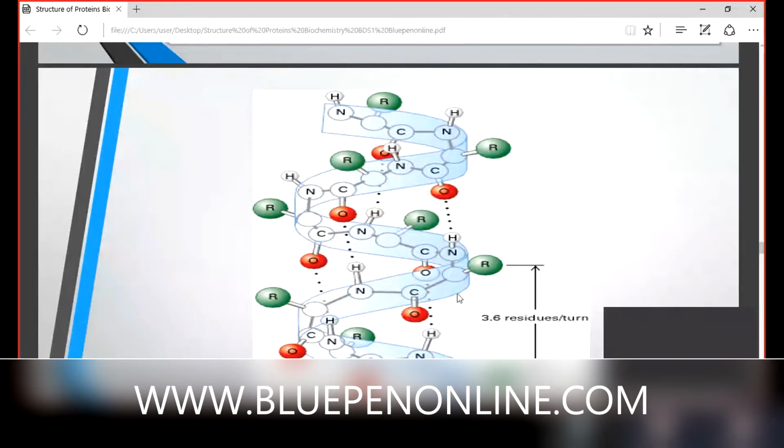Then you can see this NH, C double bond O. The special group projected outside is the R group. Then there is a connection between the H of the NH bond and the O of the CO bond. That is known as hydrogen bond. So the presence of hydrogen bond is there in secondary structure.